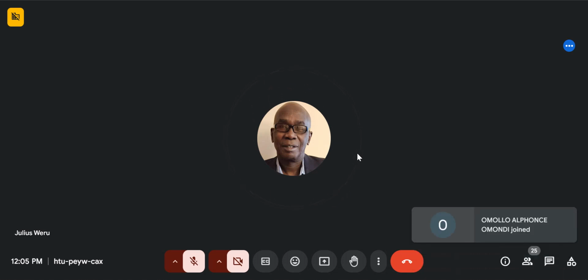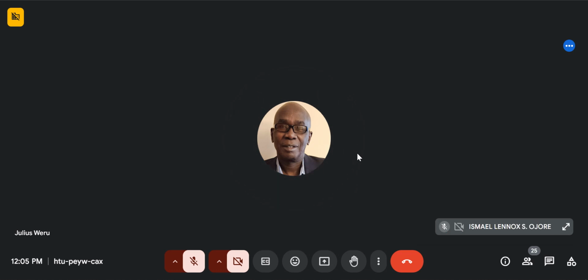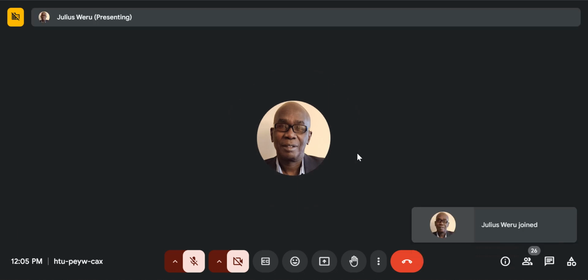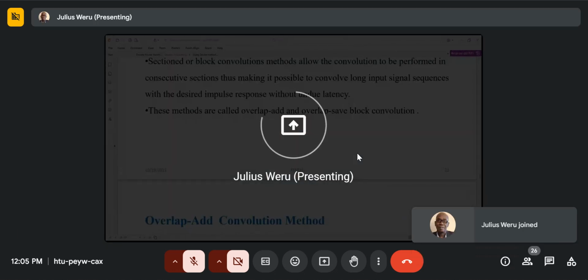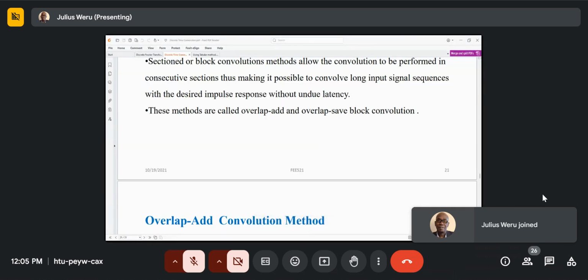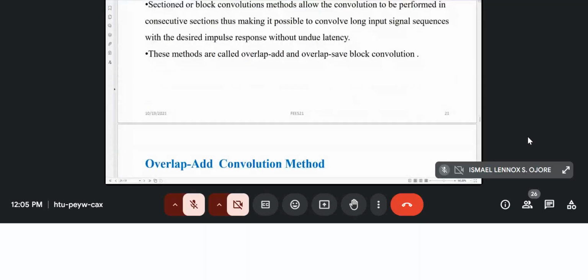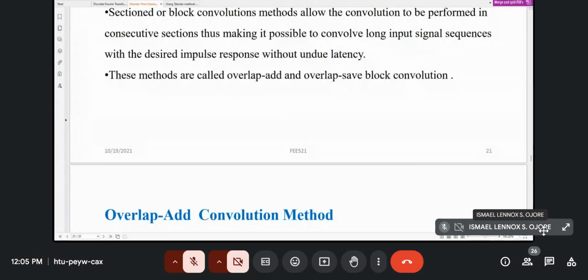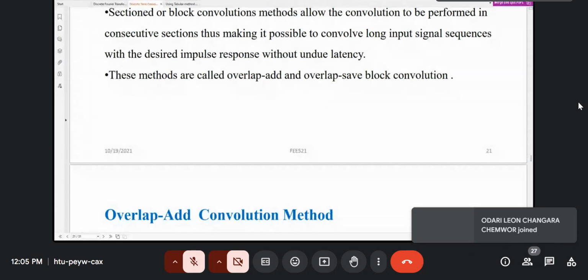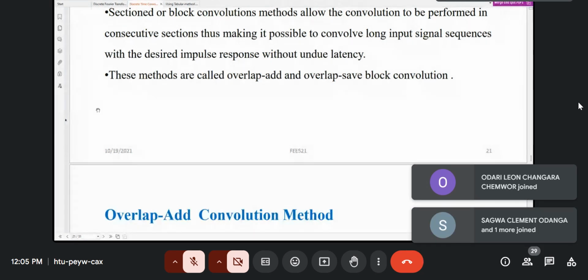Okay. Yeah. I think what we were doing last time, we were looking at discrete time convolution, and we were looking at ways of dealing with long sequences, on convolving long sequences.